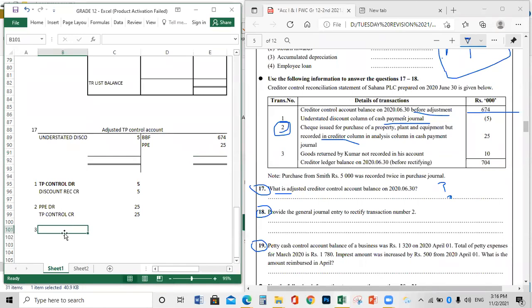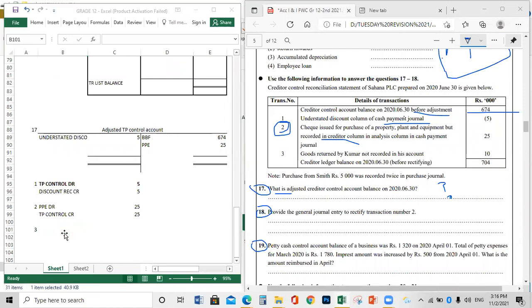Now go to the third one. Goods returned by Kumar, not recorded in his account. Okay, guys, you have returned goods to Kumar. Kumar is a trade payable. It's a return outwards, but you haven't recorded it in Kumar's account. Tell me, will it affect your control account?